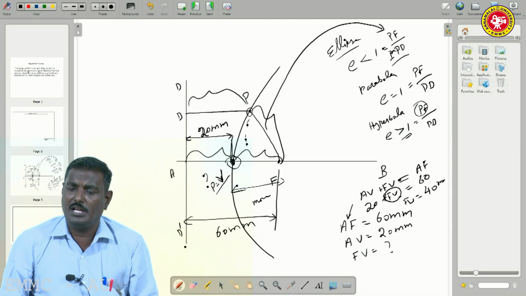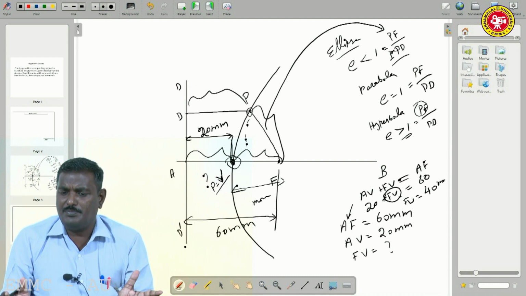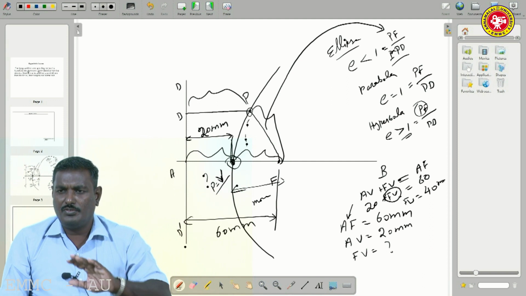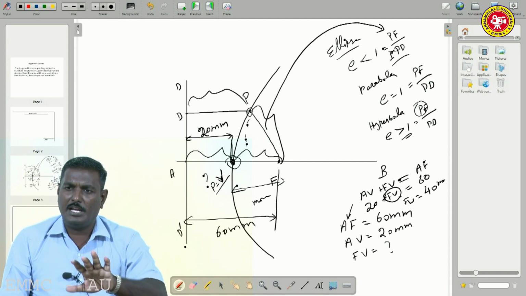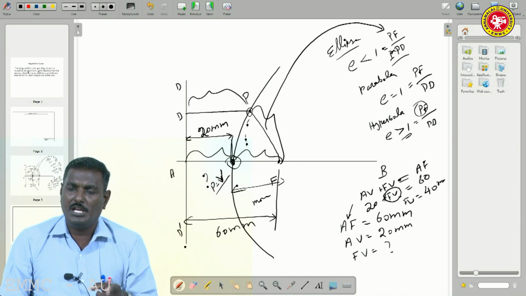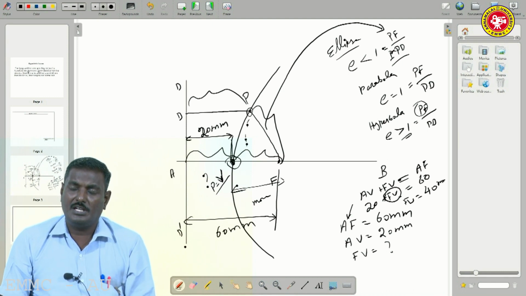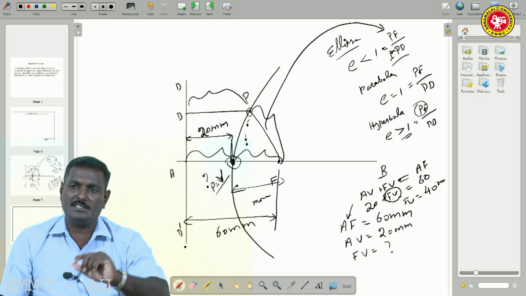That is stated to construct the hyperbola. The remaining steps, whatever I taught previously, are the same for the eccentricity method, similar for ellipse, parabola and hyperbola. The only extra condition is for the ellipse: you have to check the distance between F and the other vertex of the ellipse.